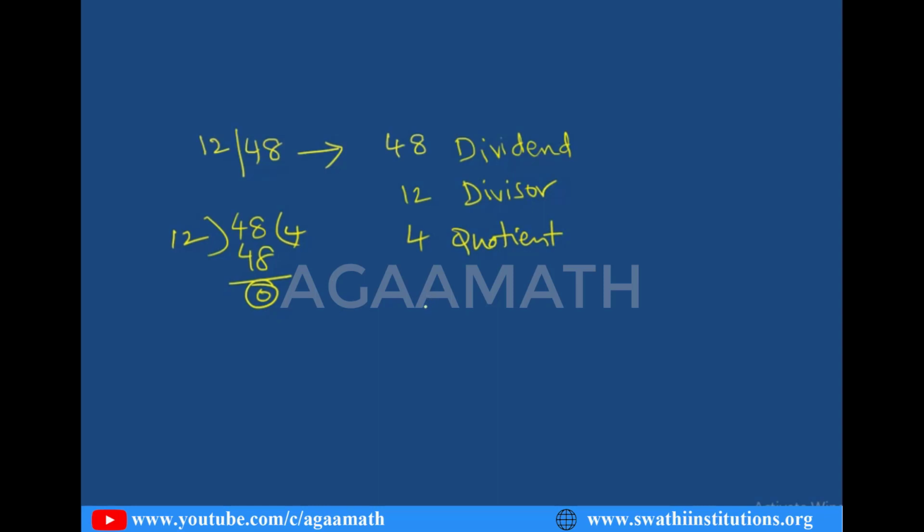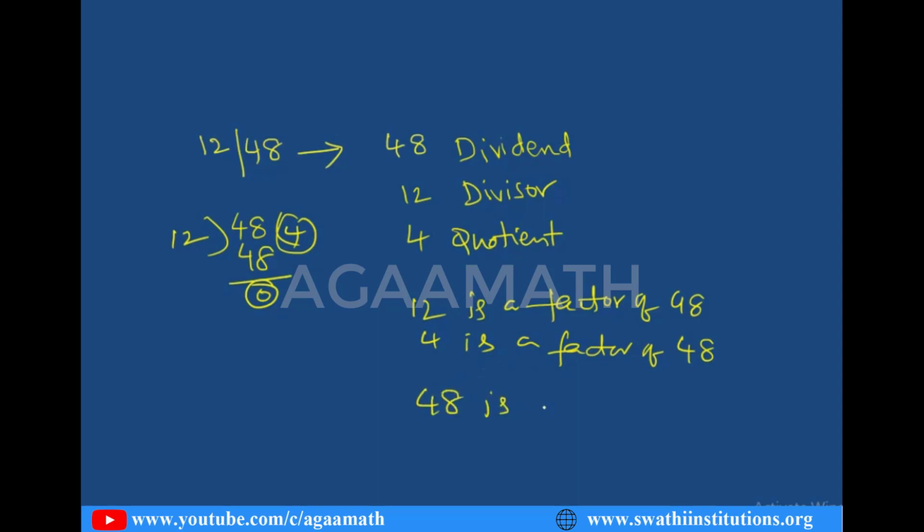Next, 12 is a factor of 48 and 4 is also a factor of 48. We can use divisor instead of factor also, they both are the same. And 48 is a multiple of 12, as well as 48 is a multiple of 4.